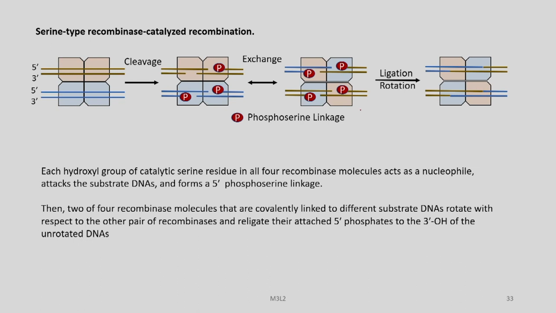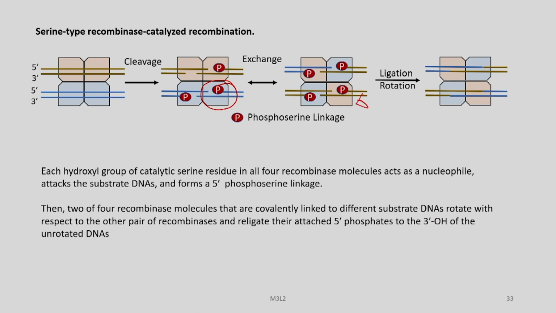You can see here there is a rotation. So, one of these blue has moved up, while the pink unit has come down. The DNAs rotate with respect to the other pair of the recombinases and religate their attached 5' phosphates to the 3' ends of the unrotated DNAs.